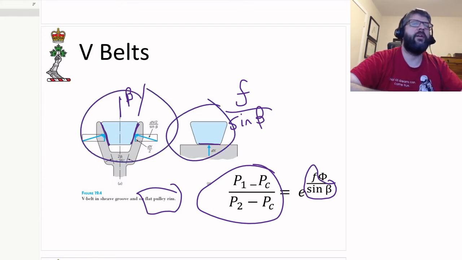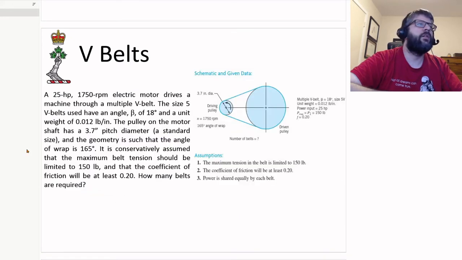It might otherwise slip on this side, so we're going to use the V belt to ensure that we're not slipping on the smaller side. So we'll cover the example later.